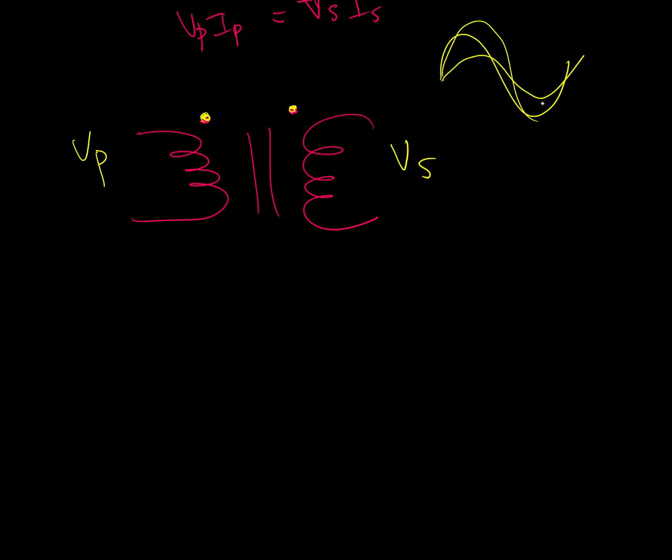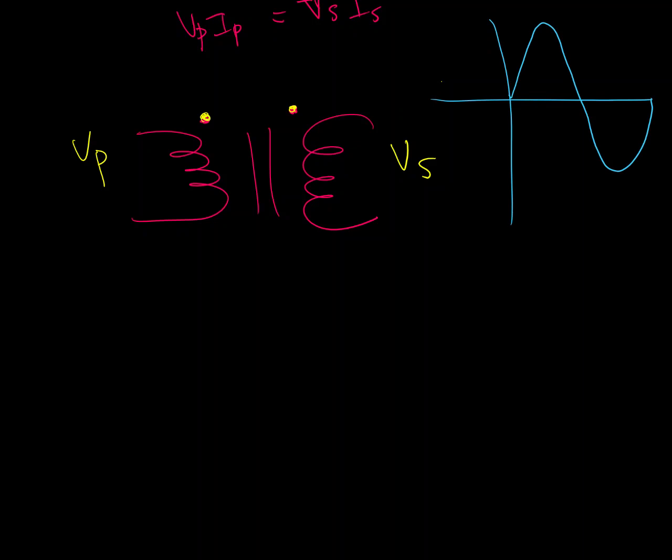So they might have different amplitudes, right? Because they might have stepped up or stepped down, but they're going to be in phase with each other like so. Okay, but if you reverse the scope leads and on the secondary you put the black where the dot is instead, you're going to find that secondary voltage now flips and is 180 degrees out of phase.